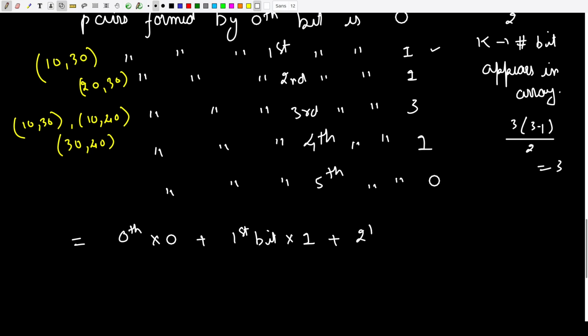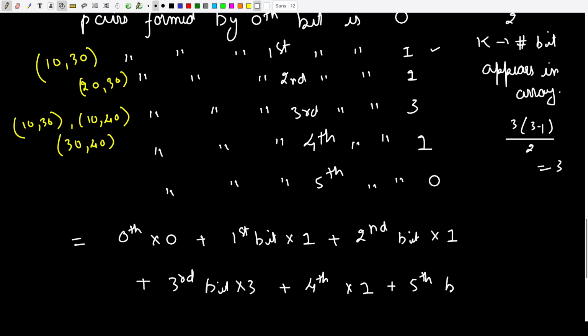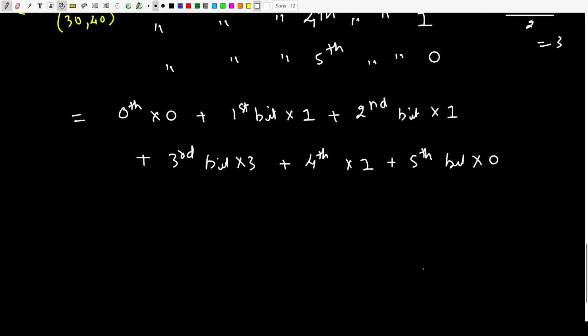The second bit, the number of pairs is again 1. Similarly, the third bit, the number of pairs will be 3, the fourth bit will be 1, and the fifth bit will be 0. Okay, so this is how it will look.